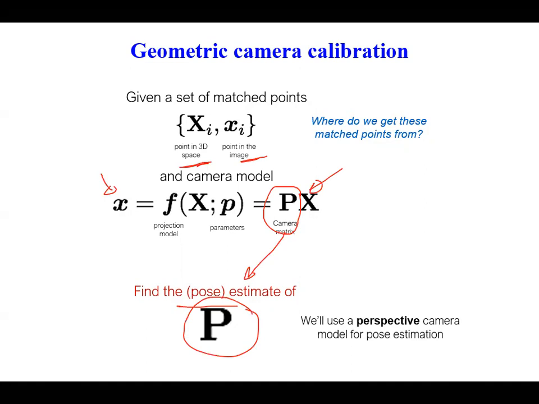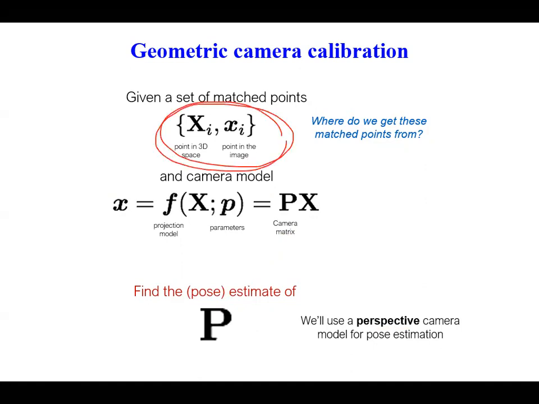I need this P. So we will use, as we already mentioned earlier, the perspective camera model for pose estimation. We need to get this P. But the question is, how can we get this matched information?